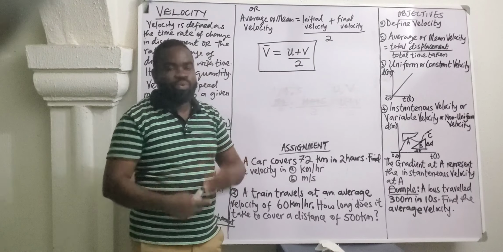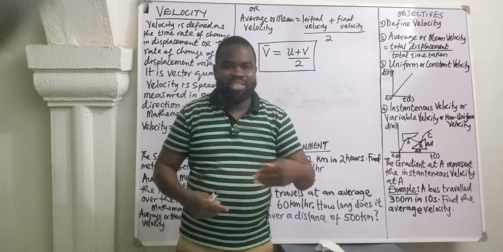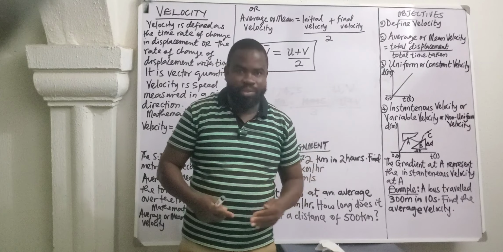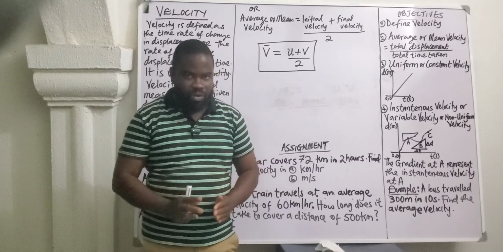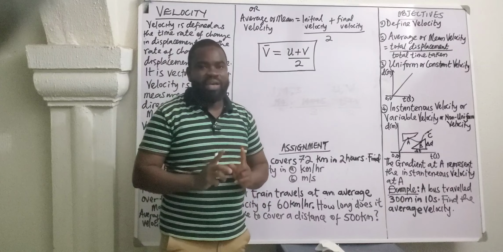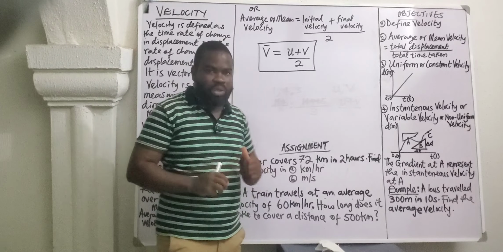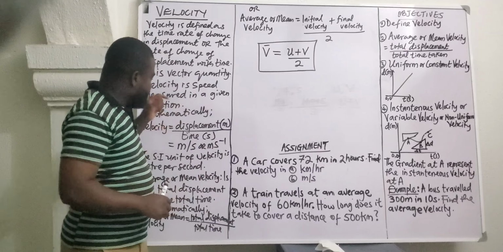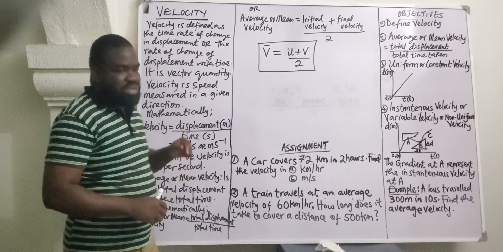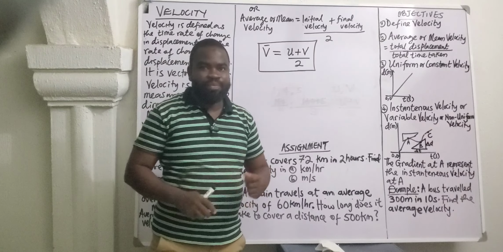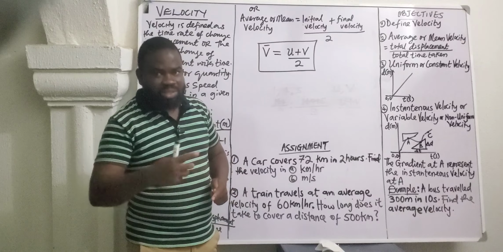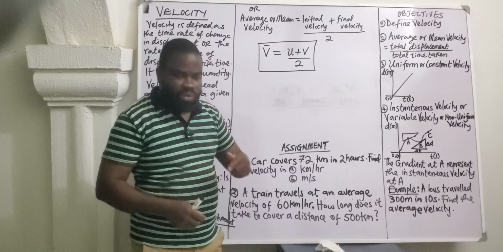So I said we will use velocity and speed interchangeably because of what they have in common, as I've established. However, technically, they are not the same, which is what we are also establishing: velocity is displacement over time, whereas speed is distance over time.